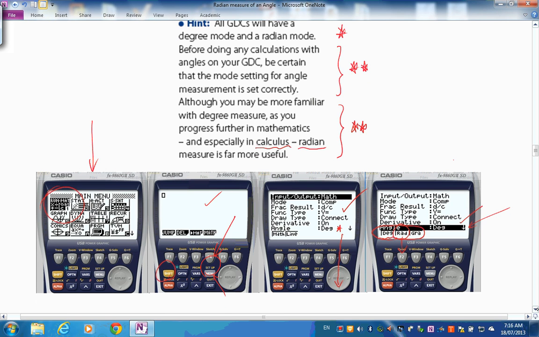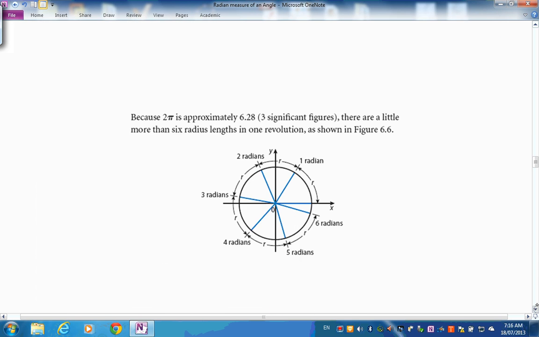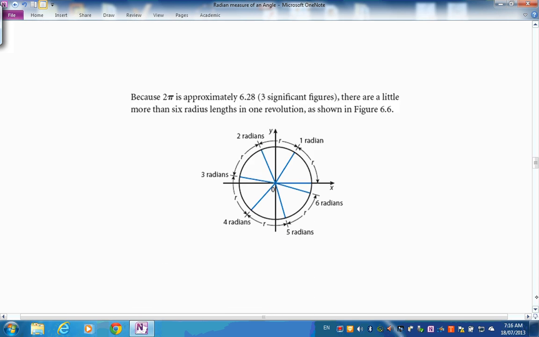Okay, let's go on now and have a look at some ideas that have come out of this ratio: the measure of the angle theta is arc length over radius. This is our new measure. And what does that mean?